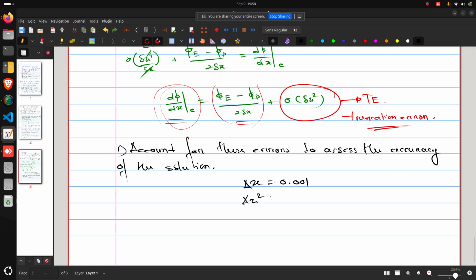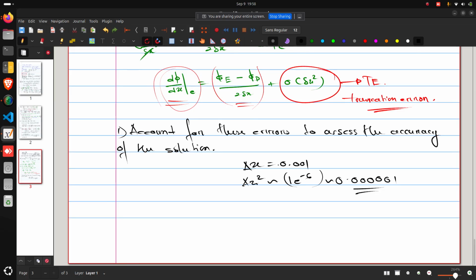So delta x square will be something like 1e-6, like 0.000001, something like that, in the order of 10 to the power minus 6. So if we are happy with this kind of errors, like for example we are computing temperature which is in the range of 100 to 500, and we are taking a delta x of, this is how much, 1 millimeter, right?